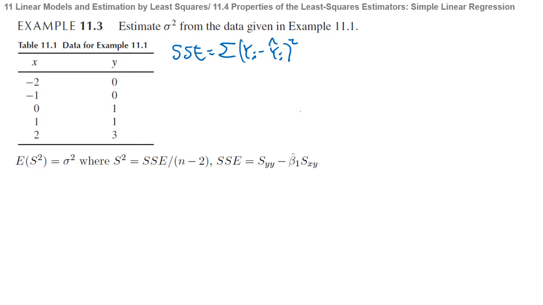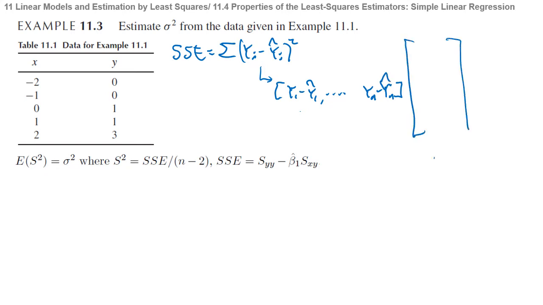If you write this again with matrices, you can write it this way: y1 minus y1 hat, dot dot dot, yn minus yn hat. Let's say this vector is y minus y hat.